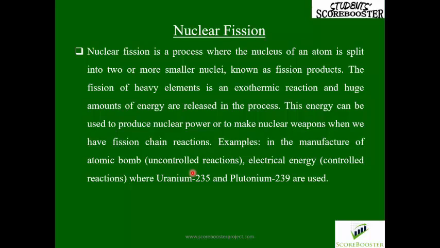So we have what is called a chain reaction. When we have a heavy nucleus that splits into smaller ones, those smaller ones will split again into other smaller ones. So far as they are not stable, they will continue to split.